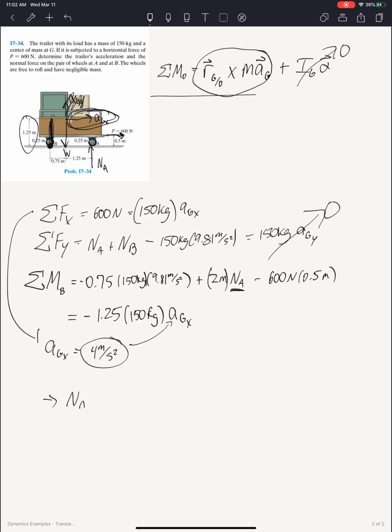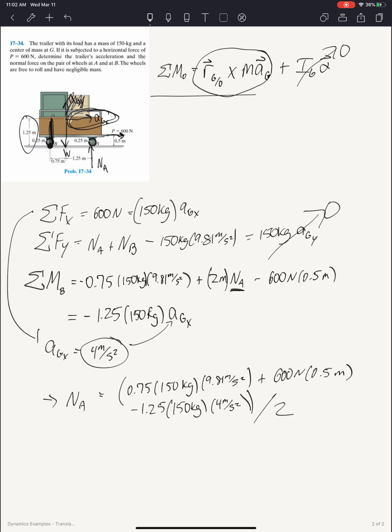And if I solve for NA, I will find it is equal to, pardon me, I can do this: 0.75 times 150 kilograms times 9.81 meters per second squared plus 600 newtons times 0.5 meters minus 1.25 meters times 150 kilograms times 4 meters per second squared, which is AGX. That all divided by 2.